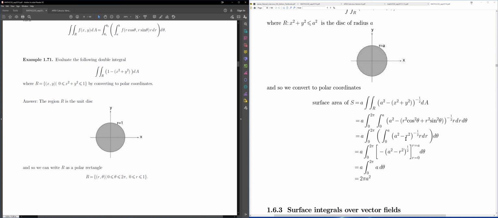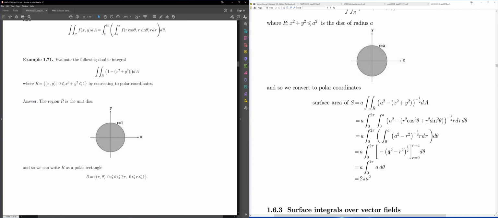To integrate this, you could substitute u equals a squared minus r squared, that's one way to do it, or you can realize you're integrating this bracket, which is to the power minus a half. When you integrate the bracket, you get minus a half plus 1, which is plus a half, and you want to make sure the rest of it is correct.